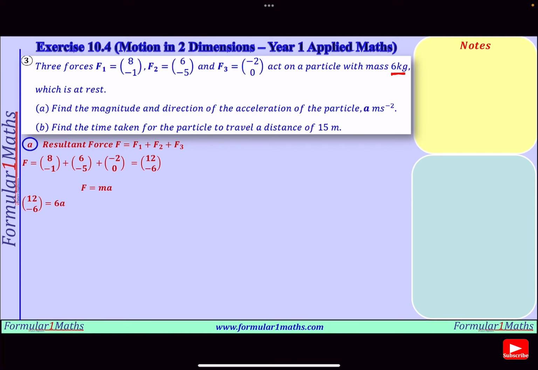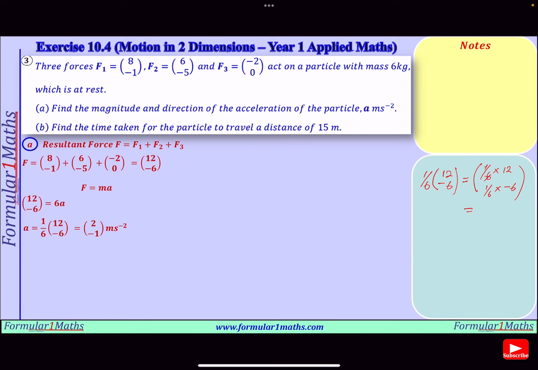We can now do some vector algebra and get the following. a will be equal to 1/6 of this vector here, 12i minus 6j. And this will reduce to 2i minus j. Because when we have a scalar multiplying a vector like this, 1/6 times 12i minus 6j, this will be equal to 1/6 times 12, 1/6 times minus 6.